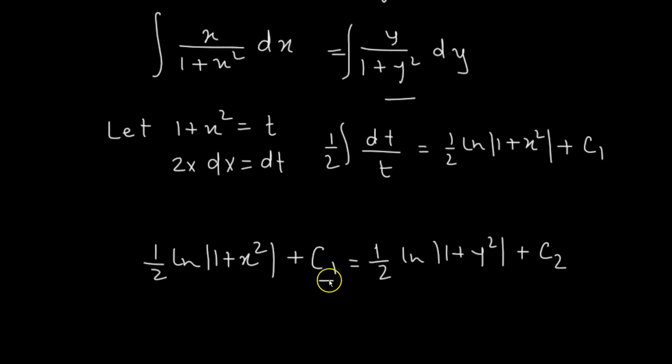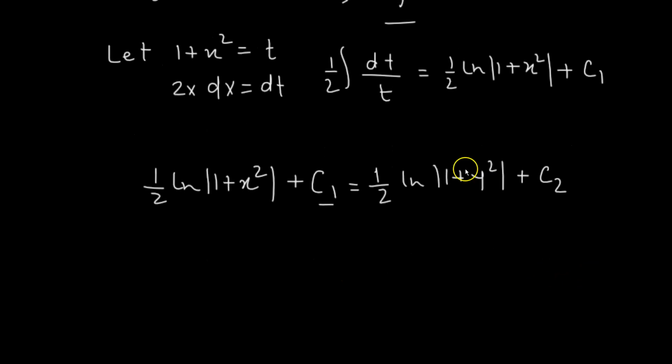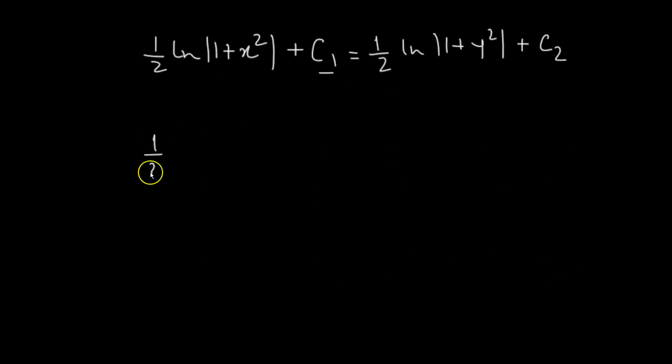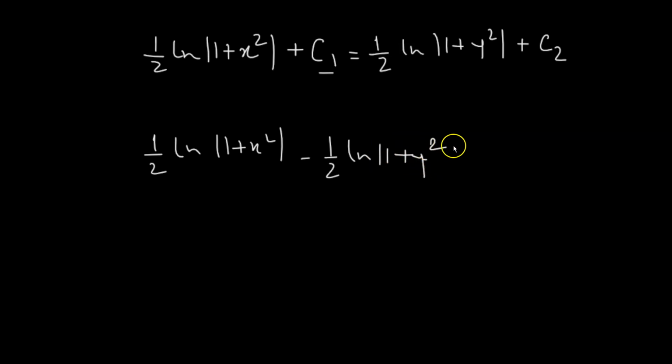We have a constant of integration on both sides. So we have half natural log of 1 plus x squared minus half natural log of 1 plus y squared equals c2 minus c1. If we take the half as the common factor from both terms, this half will go out.